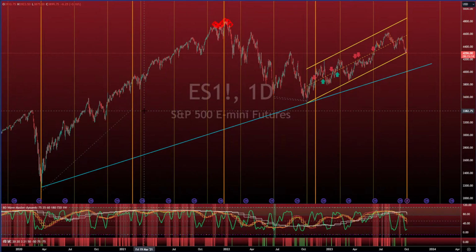What I wanted to do was line this up so that this is the midway point between this dominant pivot low here and this dominant pivot high up here. So we've got basically a full cycle completion here, and where we're at right now, we're at a full cycle completion.